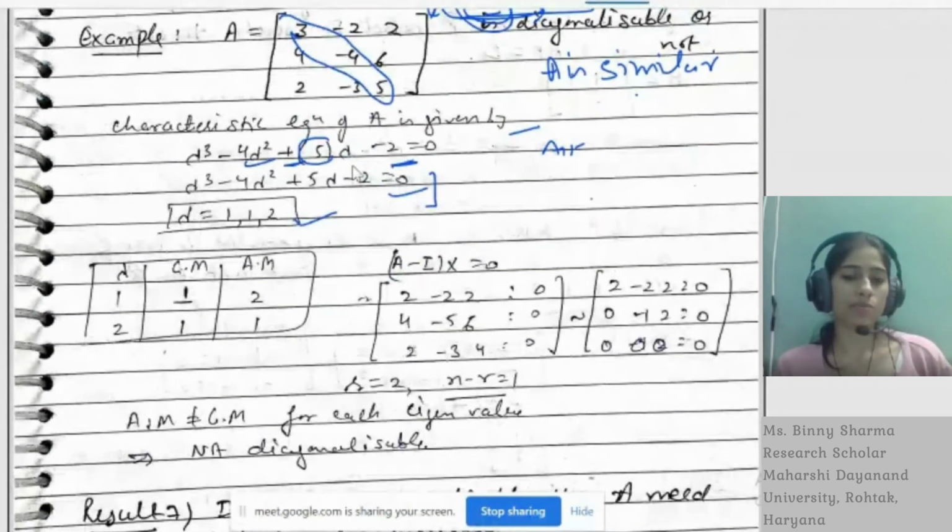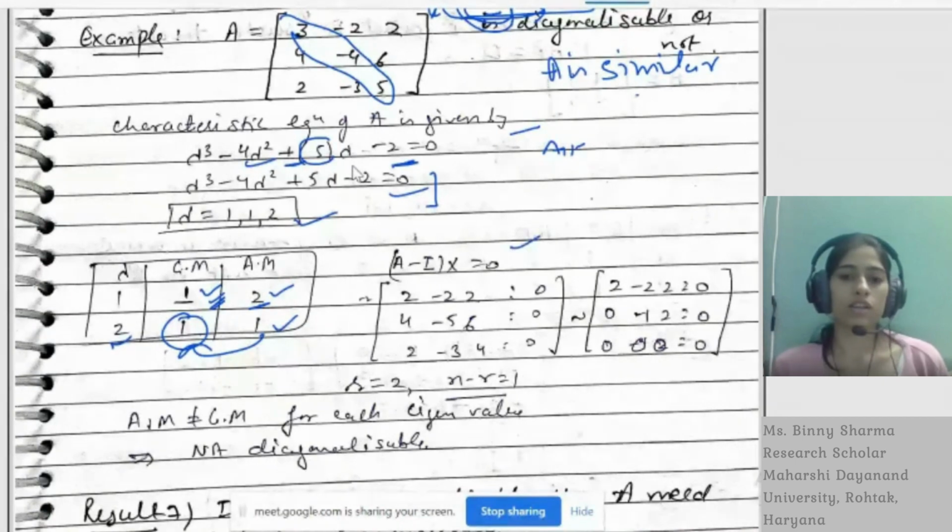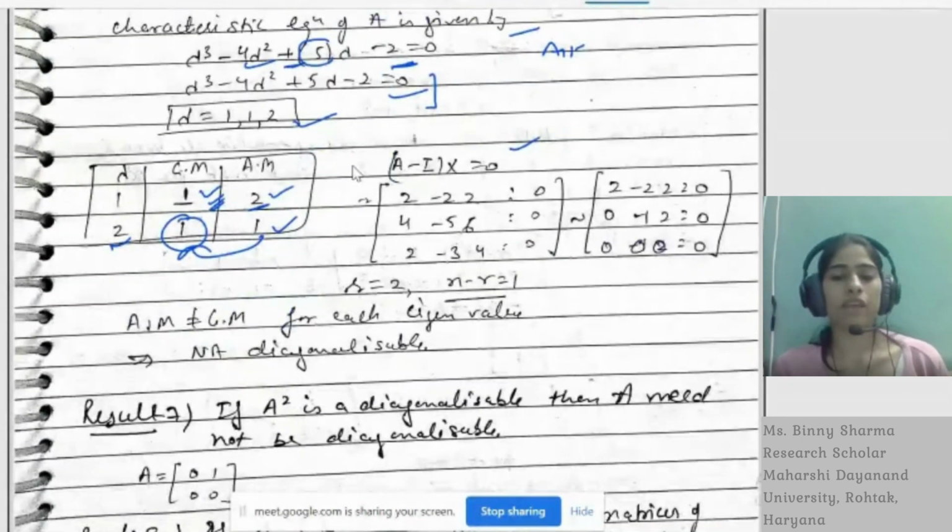So we will make an AM-GM table. Here the eigenvalue 1 has algebraic multiplicity 2, and the eigenvalue 2 has algebraic multiplicity 1. So directly we say that its GM is also 1, but we have to find the GM in the case of eigenvalue 1, whose algebraic multiplicity is 2. So apply, when lambda equals 1, (A minus I)x equals 0.